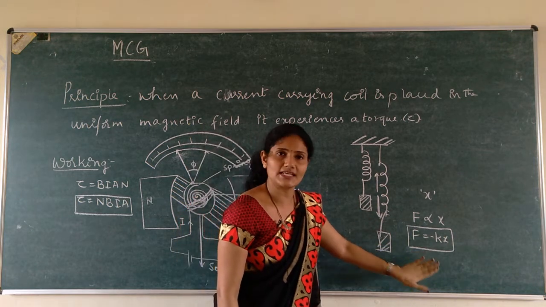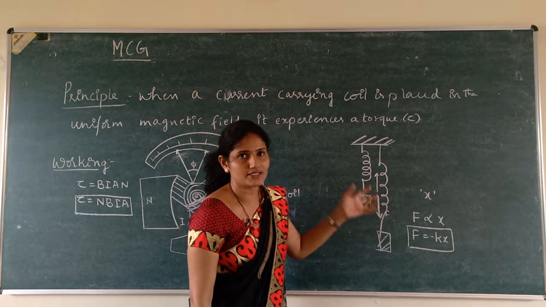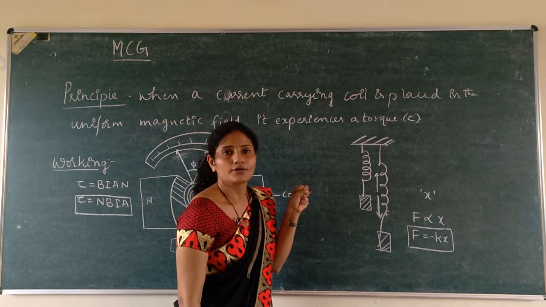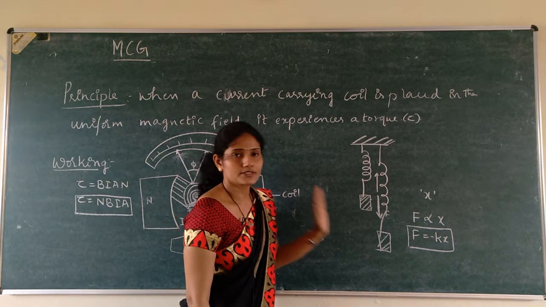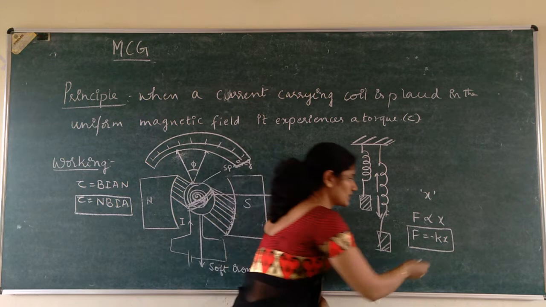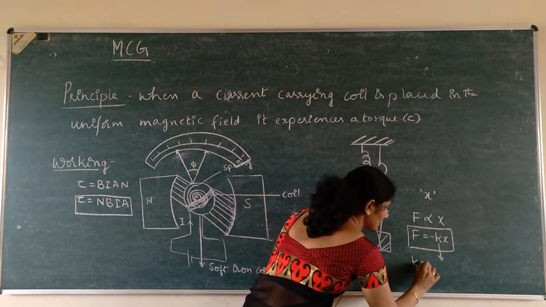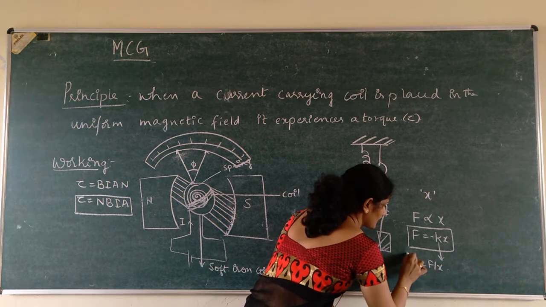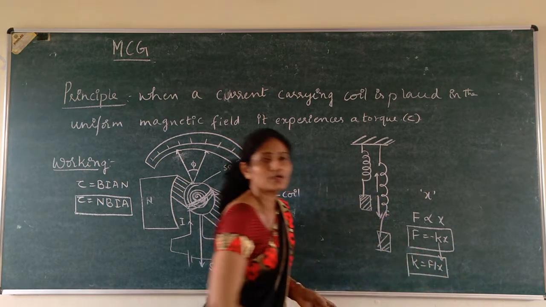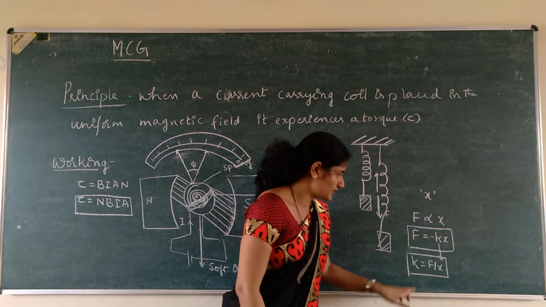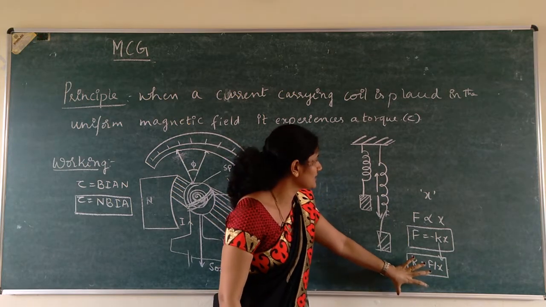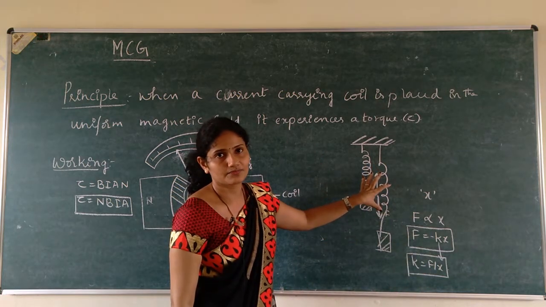If k value is less, then the spring is not a stiff spring. So, k is called the spring constant, or k is equal to F by x. Force per unit displacement is called the spring constant and it depends on the spring.